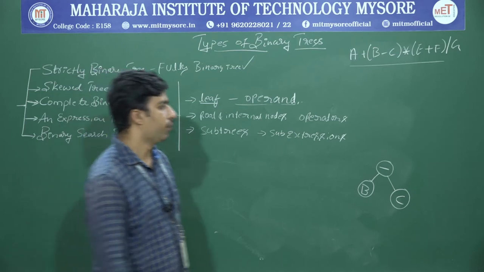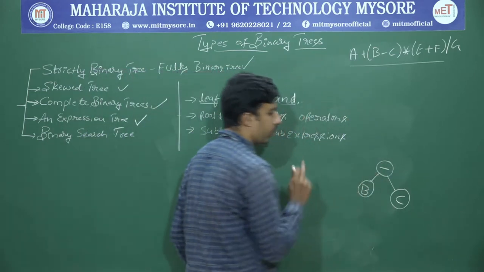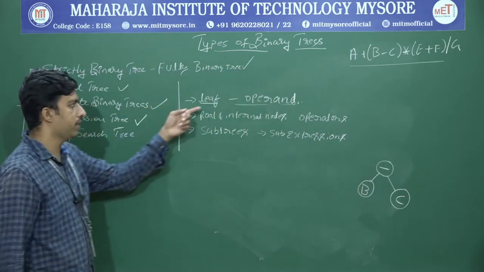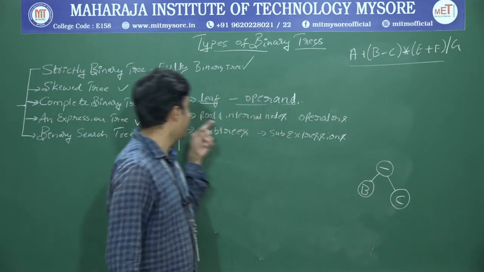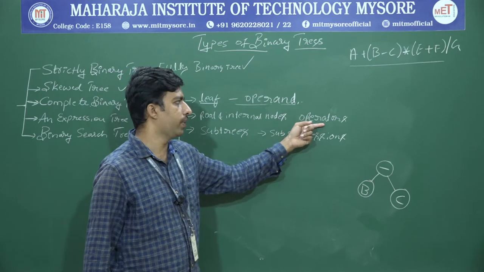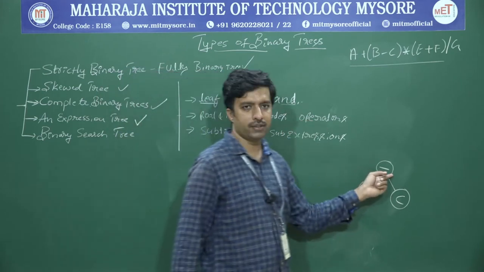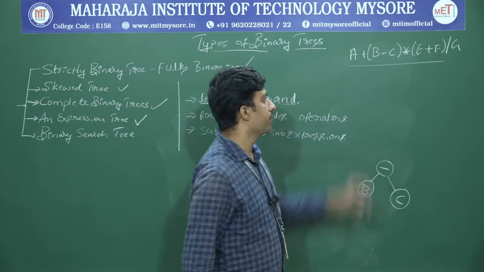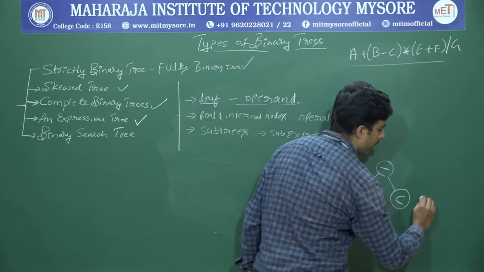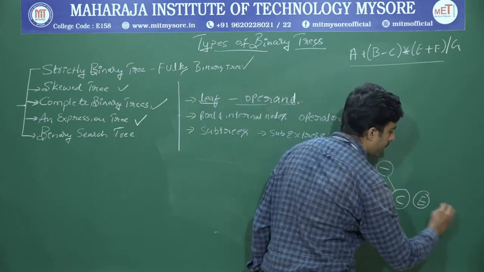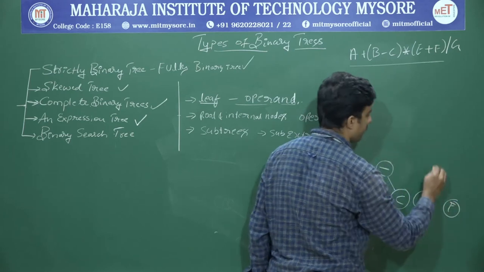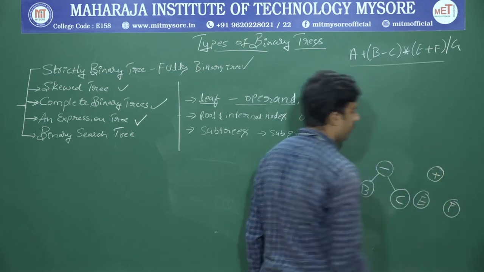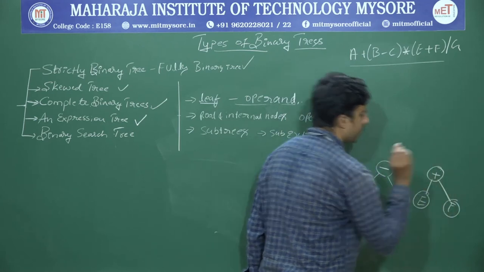Now according to our definitions, a leaf should be an operand. B and C are operands. A root or intermediate node should be an operator. Minus is an operator here. B C comes first. Next, E F is there. I have taken E F separately, having the plus symbol, written separately.